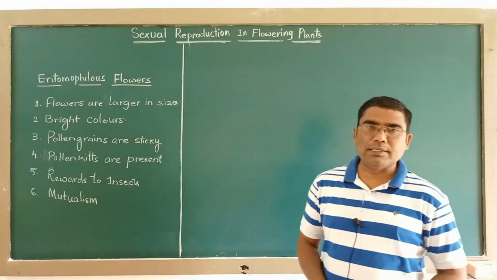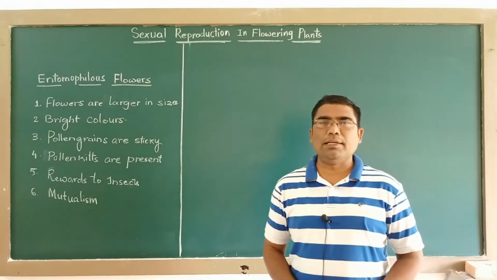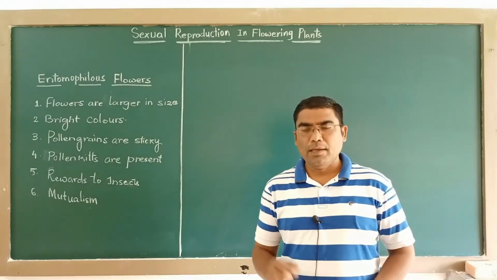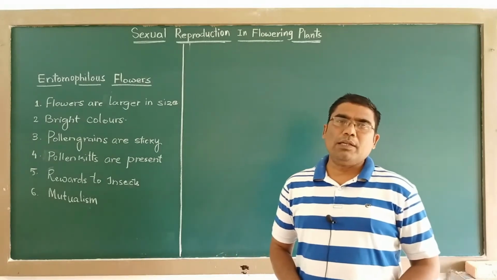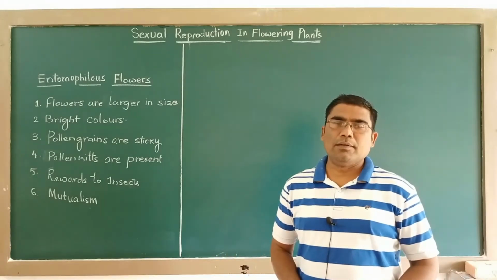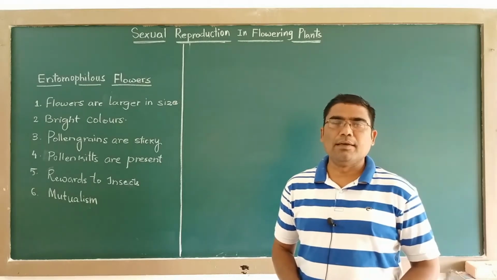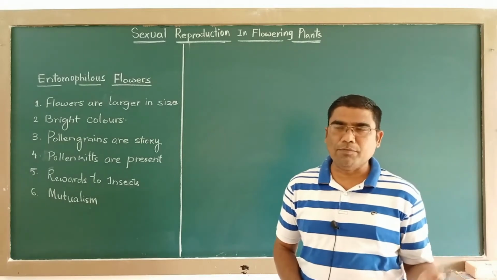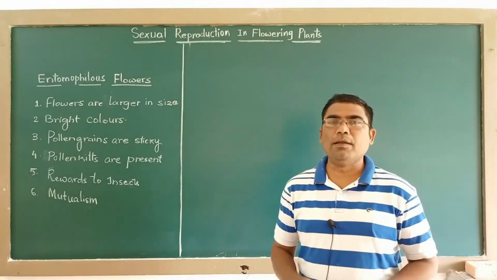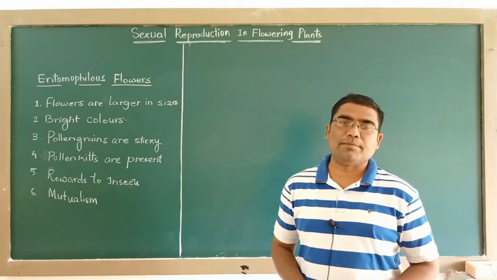As we know, there is one type of cross-pollination called entomophily. Entomophily is the cross-pollination where pollen grains are transferred from the anther of one flower to the stigma of another flower with the help of insects.